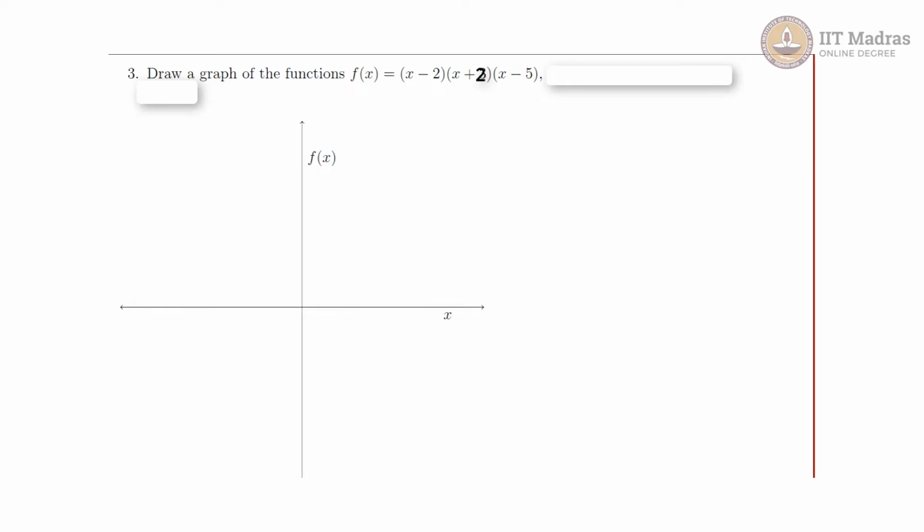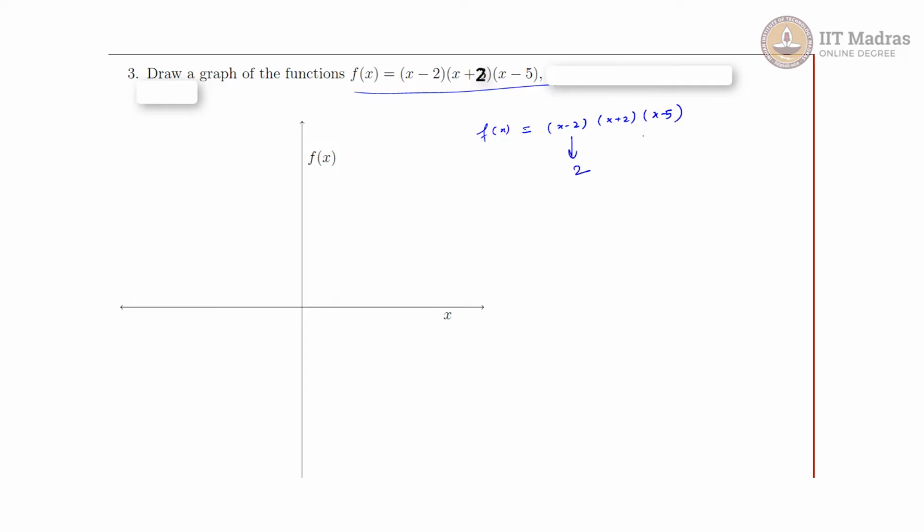For our third question, we are getting a function which is given in its intercept form. So what is given actually? (x − 2)(x + 2)(x − 5). So this is actually a 3-degree polynomial function, and if it is given in intercept form, it means we can clearly find the intercepts.